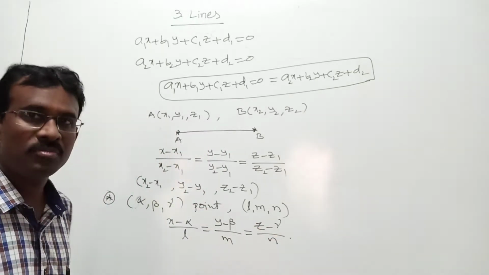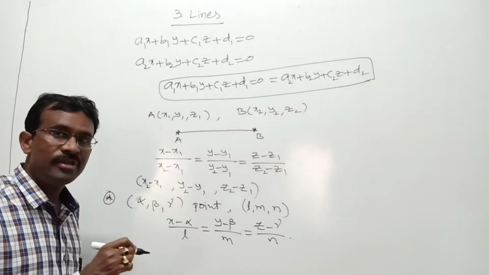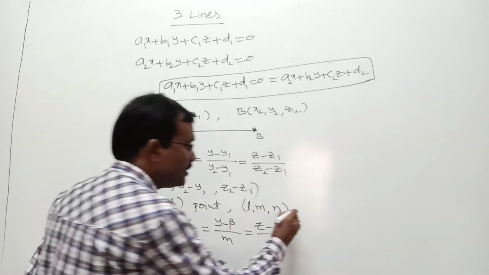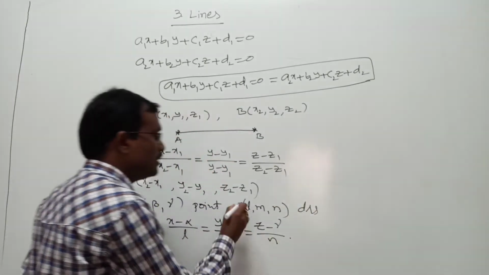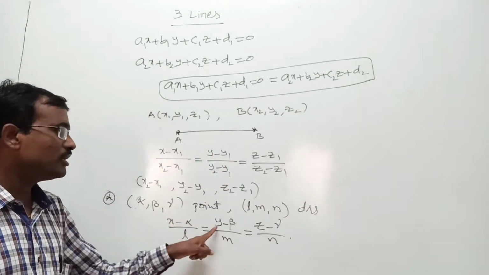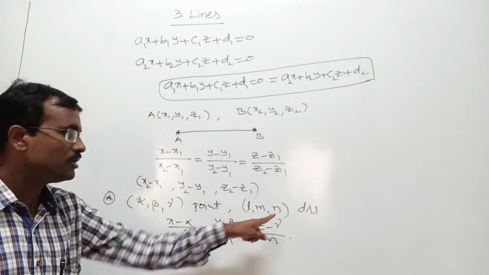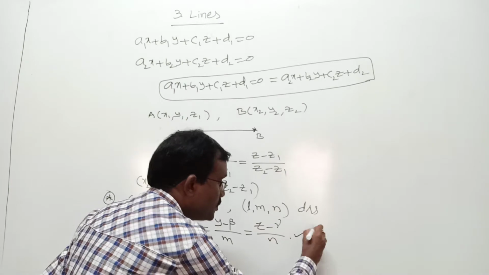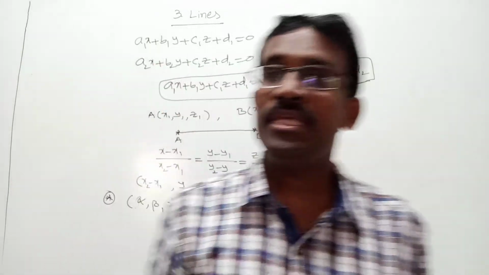Once again, the equation of a line passing through the point alpha, beta, gamma and having direction ratios l, m, n is x minus alpha by l equal to y minus beta by m equal to z minus gamma by n. This line equation is called the symmetric form line equation.